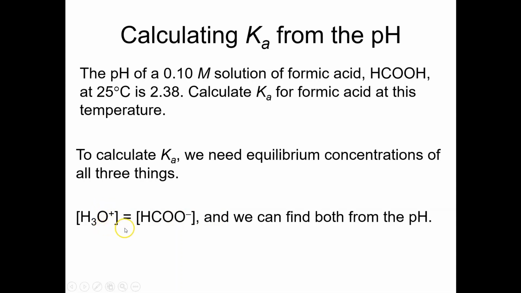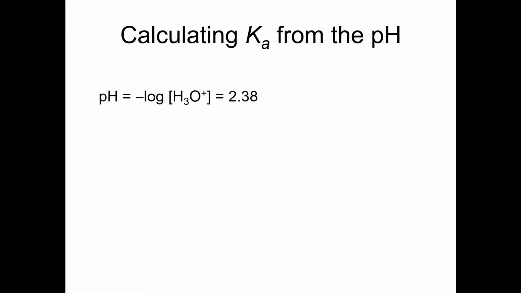If we know the hydronium ion concentration, we also know the formate concentration, because these are forming at the same rate because they have the same coefficient in the balanced equation. So we can figure out what the equilibrium concentration of hydronium is because we know the pH.